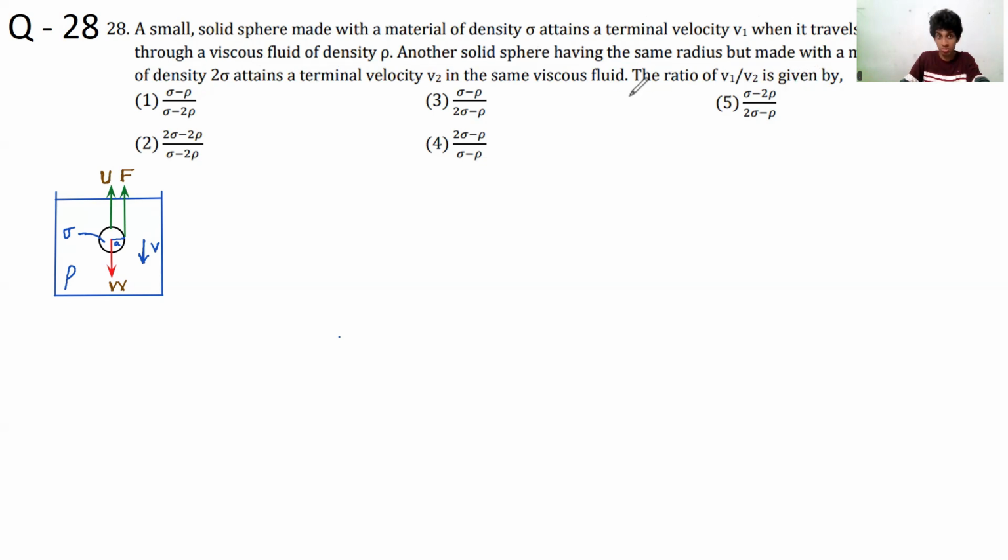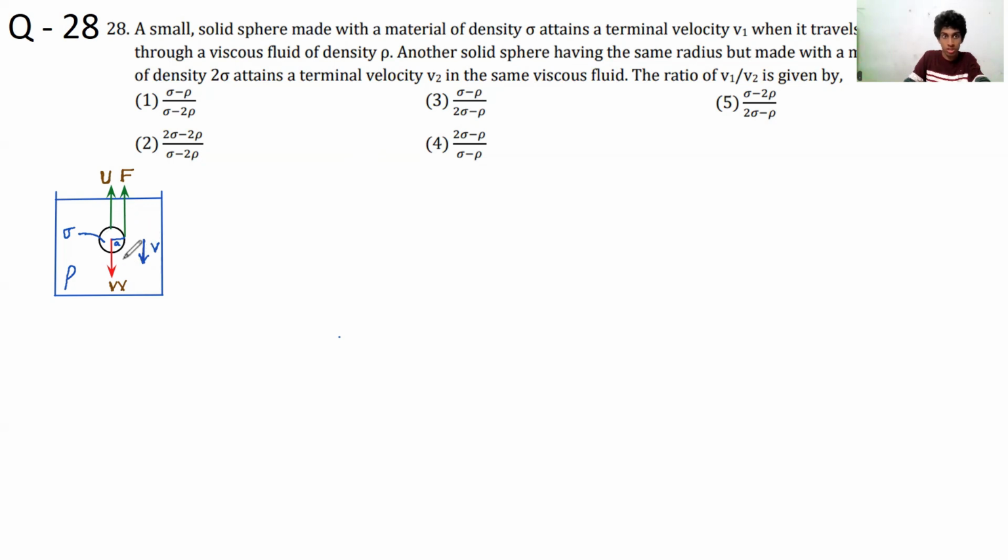So there is an expression for the terminal velocity attained by a small spherical body moving through a viscous liquid. So if you know that expression, you can directly get the answer for this question. But if you don't know that expression, you should derive it in this manner.